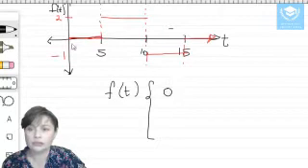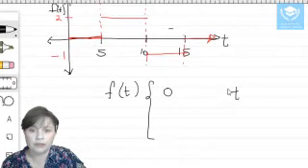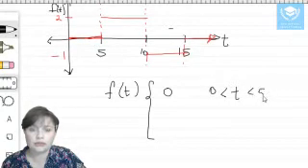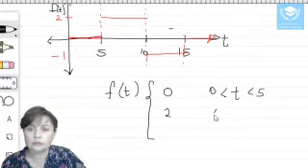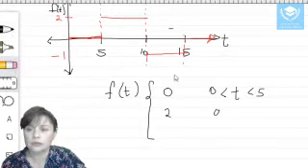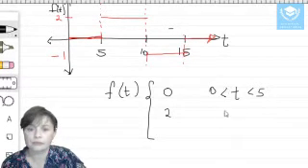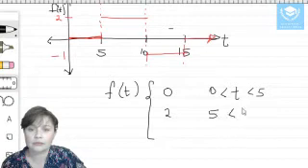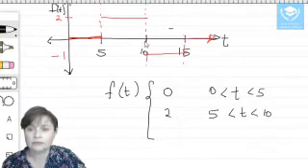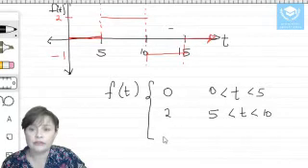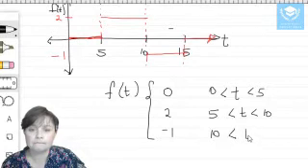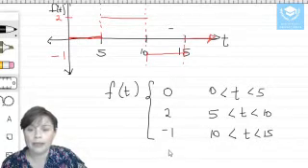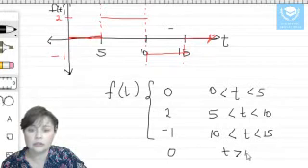First part is 0, and your t value here is between 0 and 5. Then between 5 and 10, it's going to be 2. Between 10 and 15, it's going to be minus 1. And bigger than 15, it is going to be 0.